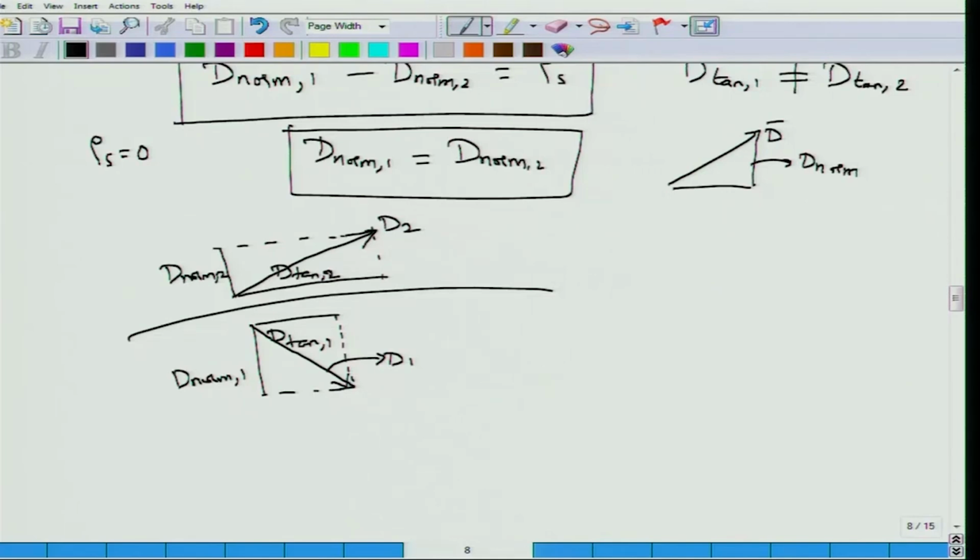Similar thing will happen for electric fields also. Why? Because the normal component of d in medium 1 is equal to normal component of d in medium 2, but how are d and E related? Via the permittivity, right.